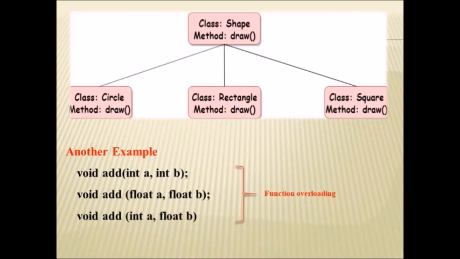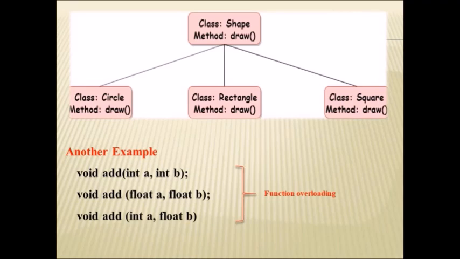That is, the function name is the same, but you perform different operations with different parameters. So the process of achieving different behaviors by using a single function is known as function overloading. All these functions are overloaded at compile time. So that is known as compile time polymorphism.